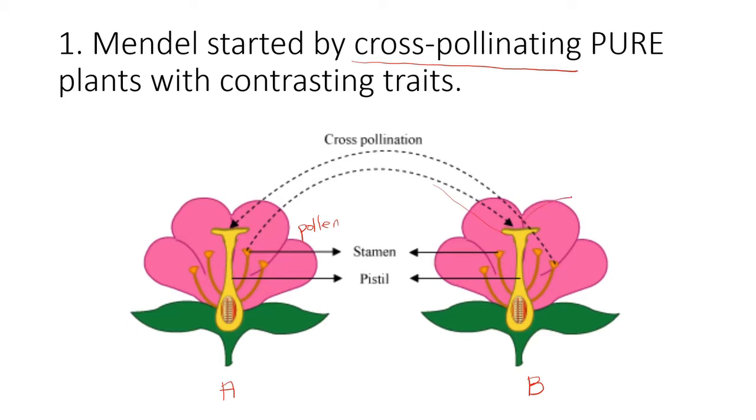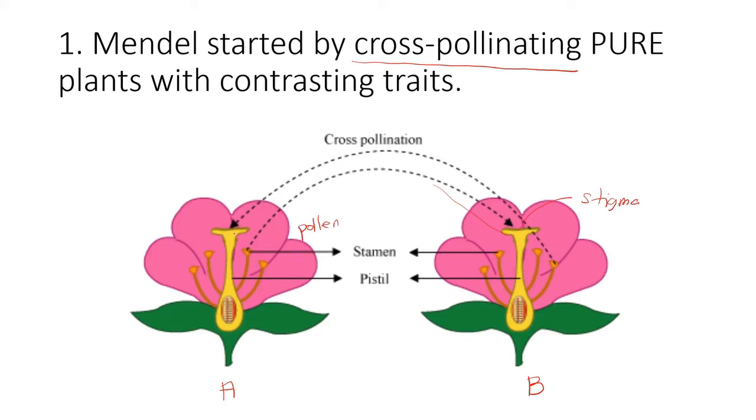Do you still remember this part? This is your stigma. So your stigma receives the pollen from flower A, or the pollen from your flower B is transferred to the stigma of your flower A.